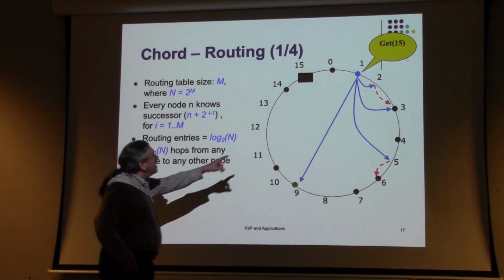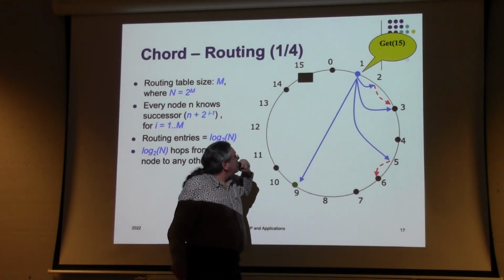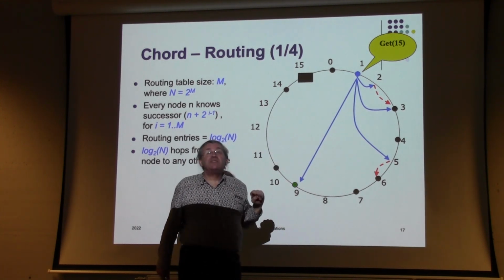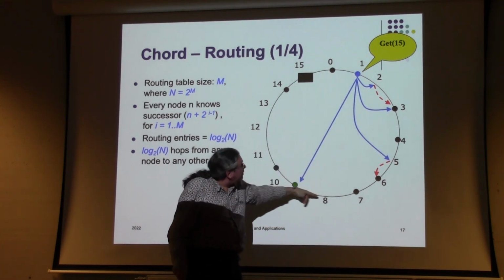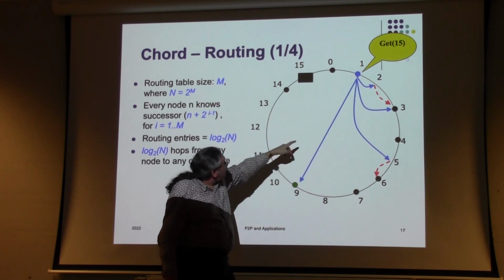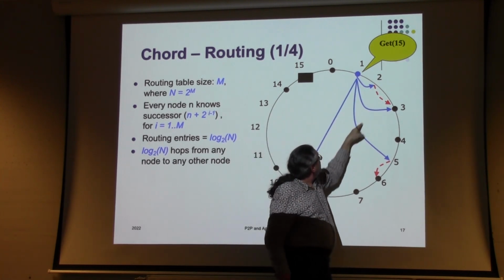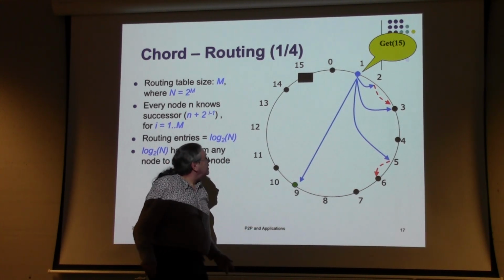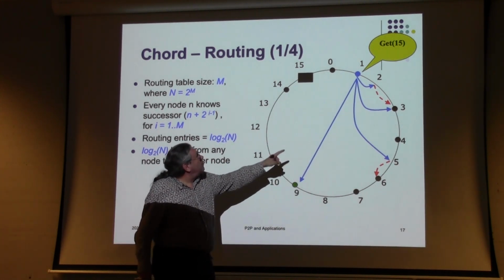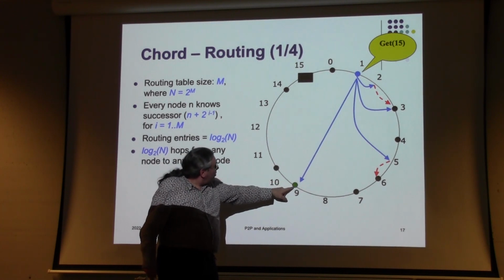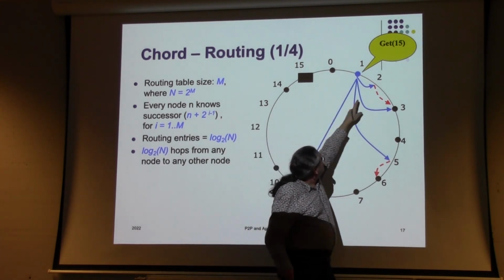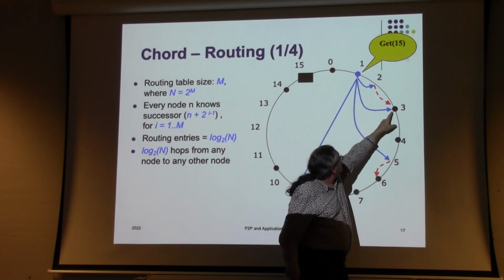So what do you do? I'm getting 15, I'm at 1. Well, I will go to the highest number that is less than 15. You see, I'm always increasing the number. So I will choose one of these 4 routing links to get closer to 15. But 15 is really very big. There will be a link to 3, another link to 3.